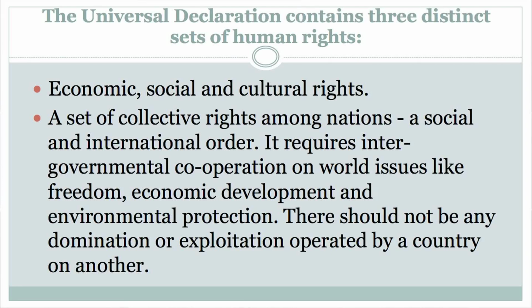The third is a set of collective rights among nations, a social and international order. It requires intergovernmental cooperation on world issues like freedom, economic development, and environmental protection. There should not be any domination or exploitation by one country over another.